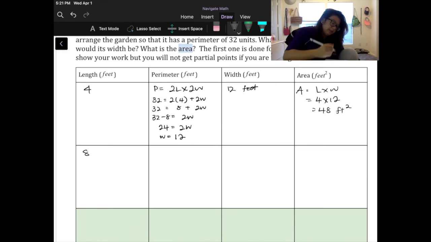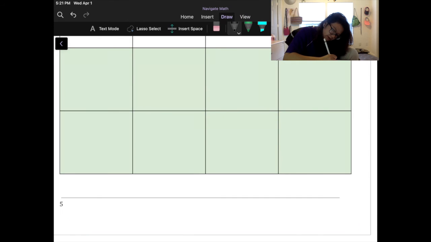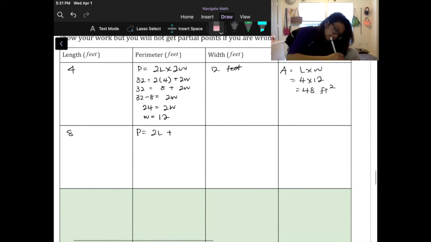Another way we can do this is, let's say I wanted my garden to have a length of 8. Okay. How wide would that garden have to be then to use all of the fence? Well, perimeter equals 2L plus 2W.